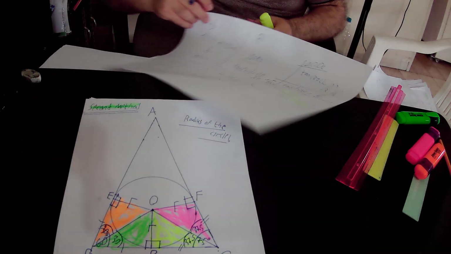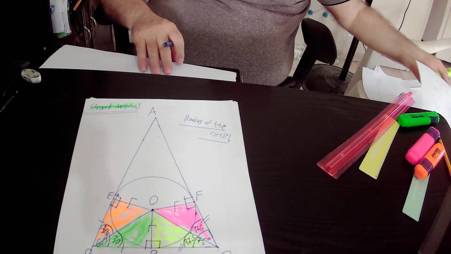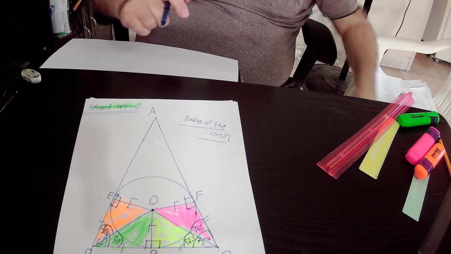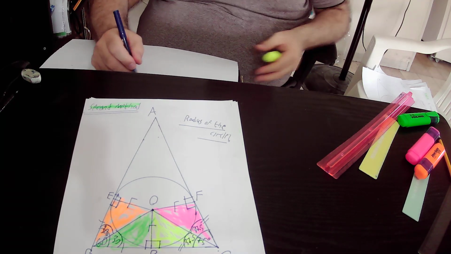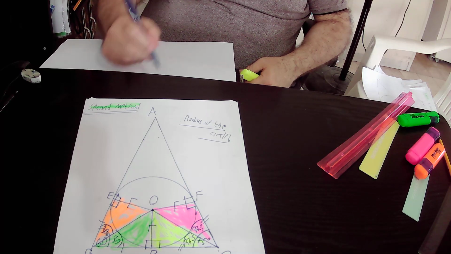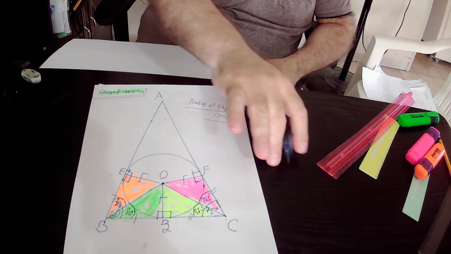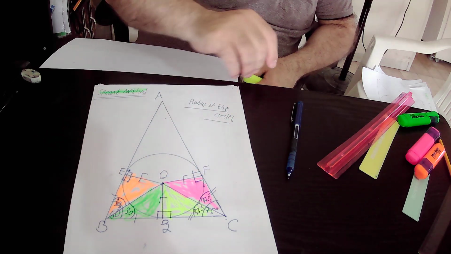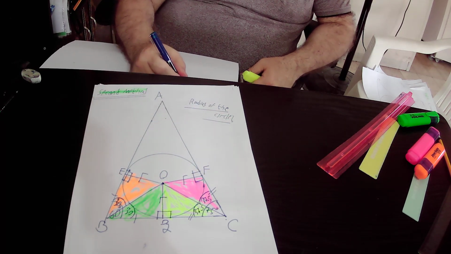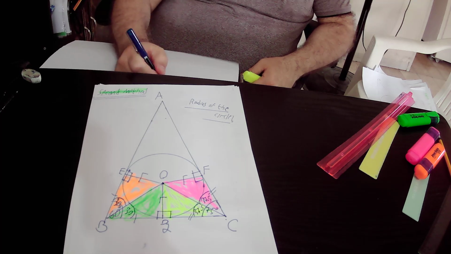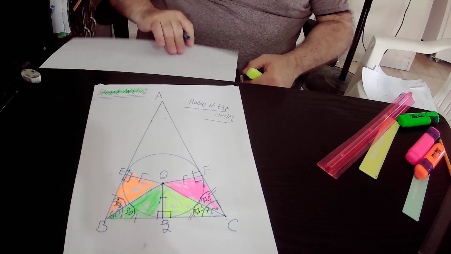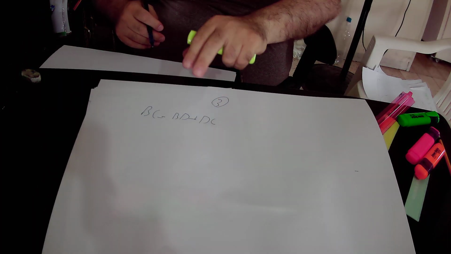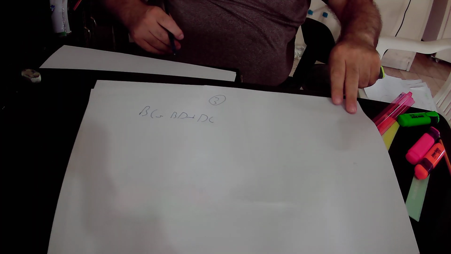But actually, it is given in the question that BC equals 2 units. And you can see from the drawing that BC equals BD plus DC. It is very easy to see from the drawing that BC equals BD plus DC.